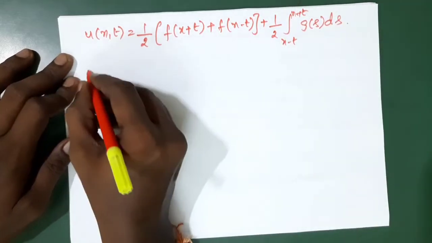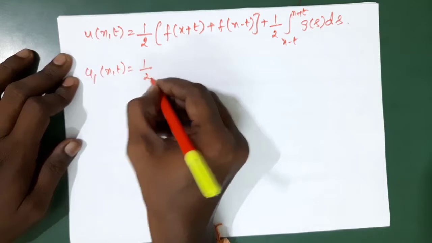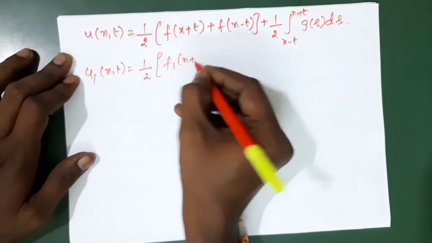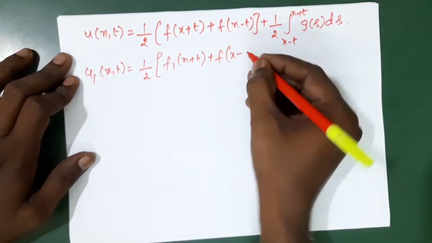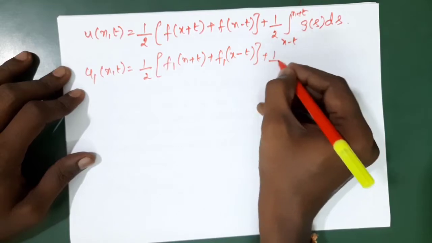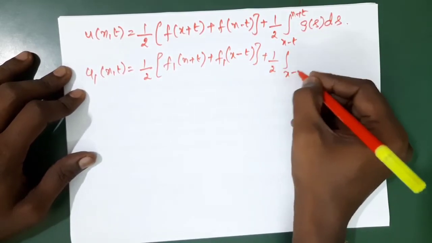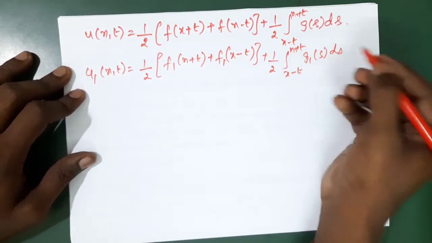So u1 of x comma t is equal to 1 by 2 f1 of x plus t plus f1 of x minus t, plus 1 by 2 integral x minus t to x plus t of g1 of s ds.